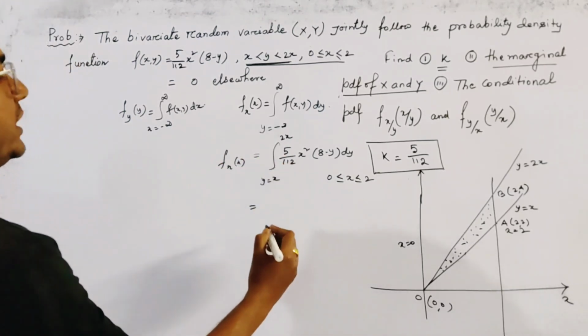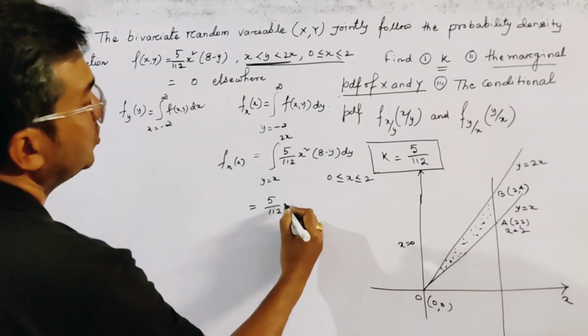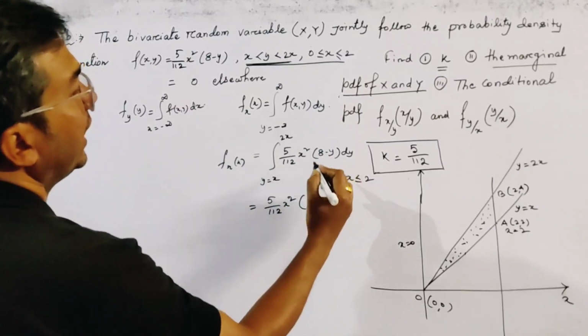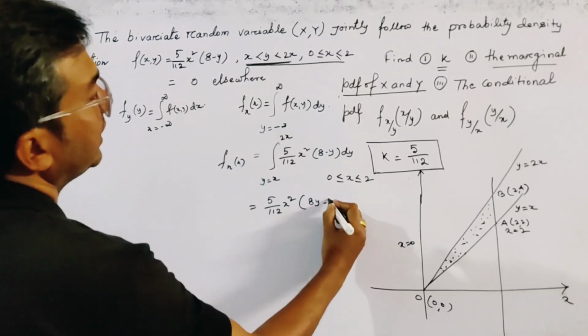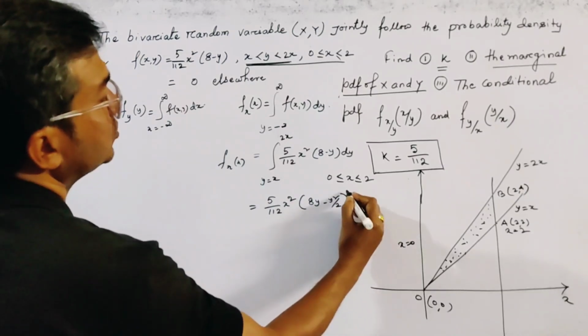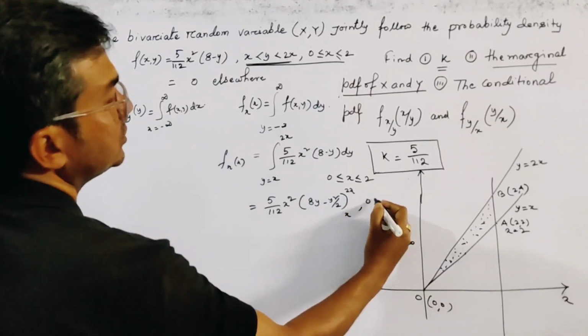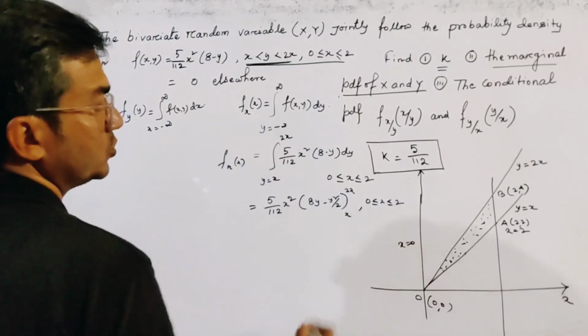Now integrating, we get 5/112 times x squared times [8y minus y squared by 2], and the range is x to 2x, and the value of x is 0 ≤ x ≤ 2.